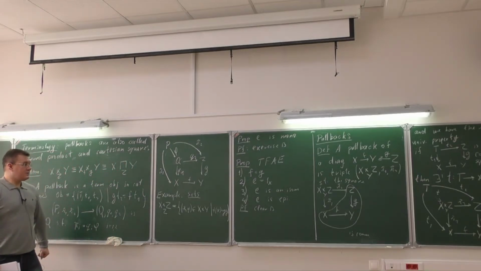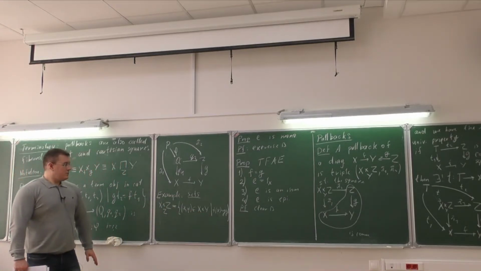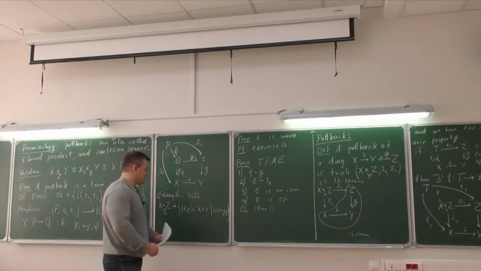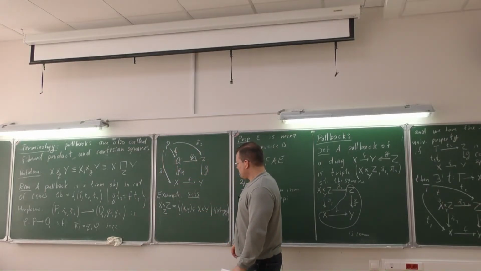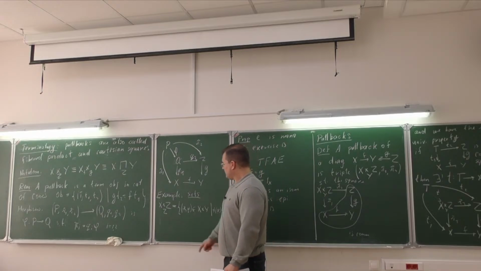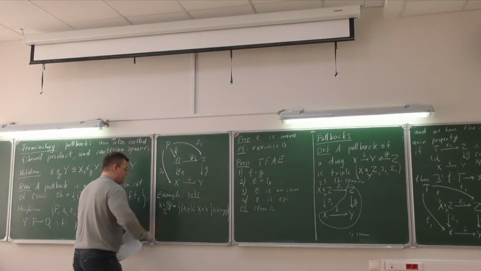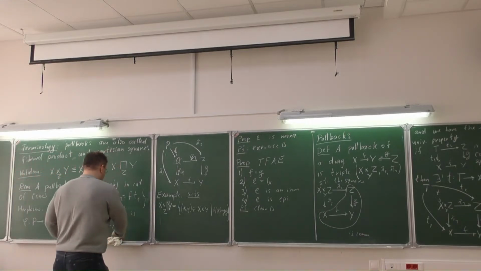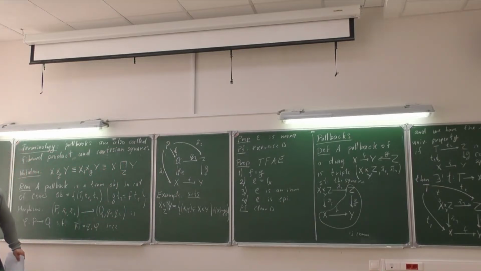So this is all the elements in the usual Cartesian product of two sets, so this is a product. This is x, y. That's the definition.